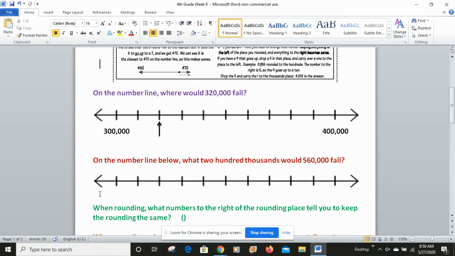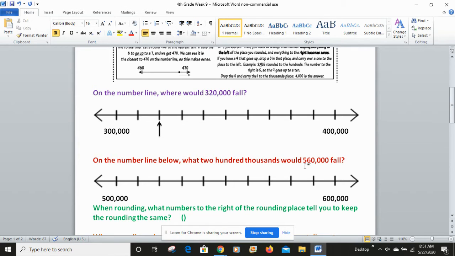I think we could agree that my starting point would be 500,000 and my endpoint would be 600,000.